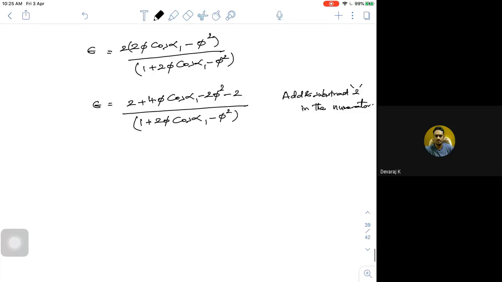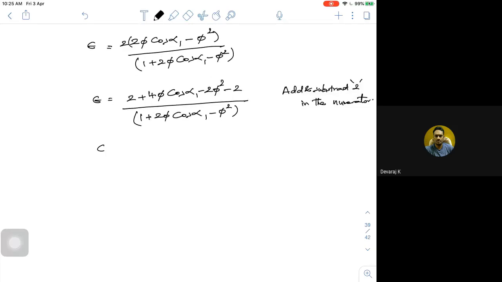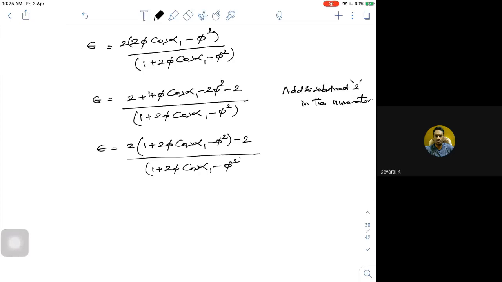So the numerator further can be simplified. If I take 2 outside, this will become 1 plus 2 phi cos alpha 1 minus phi square minus 2, divided by 1 plus 2 phi cos alpha 1 minus phi square.